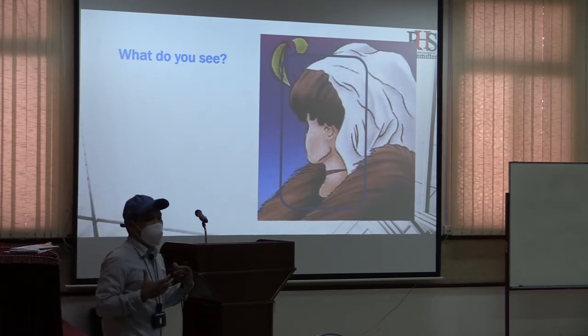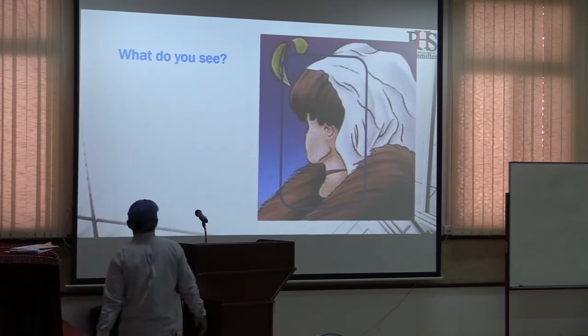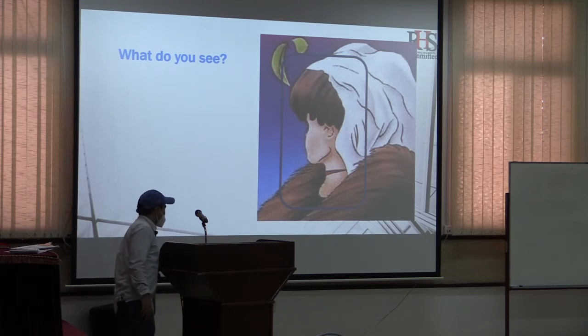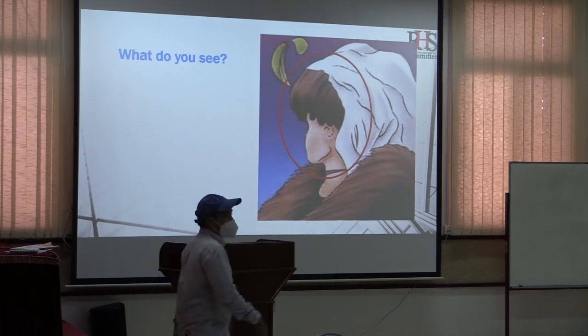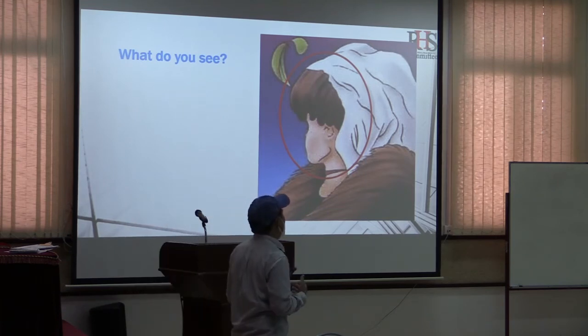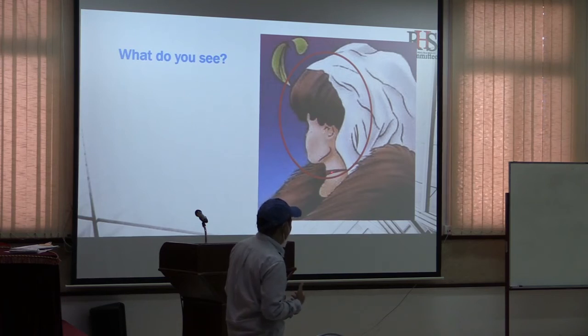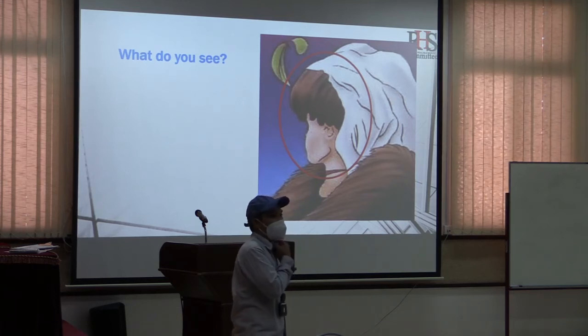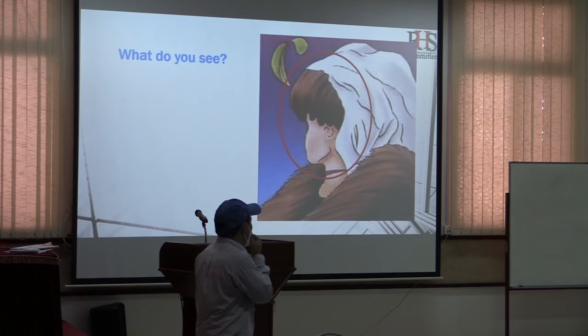If we are talking about the young woman, I'll encircle the young part. Facing sideways is the young woman. So, the mouth of the old woman becomes the choker or the necklace for the young woman.